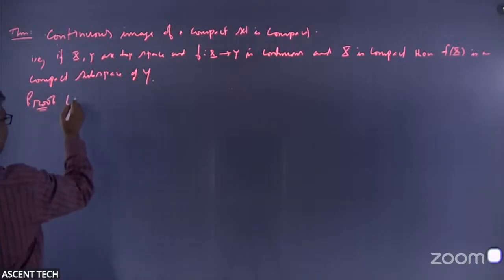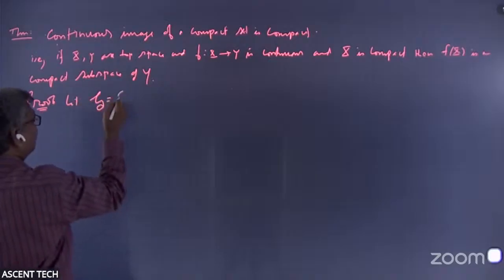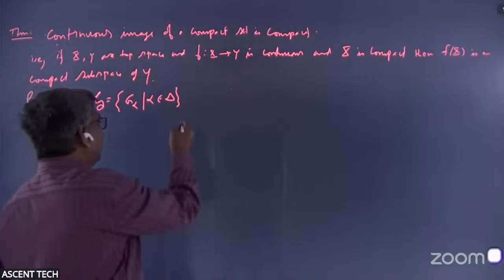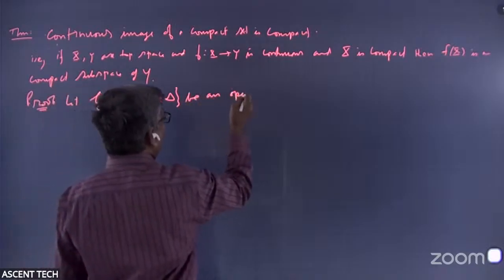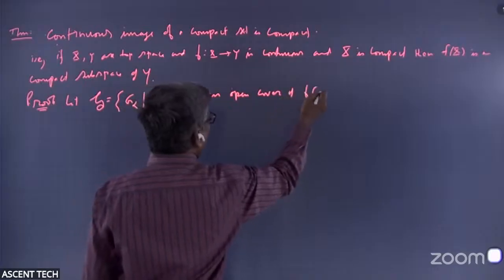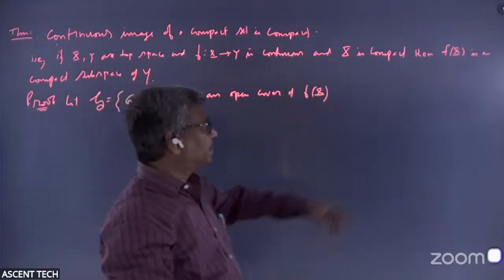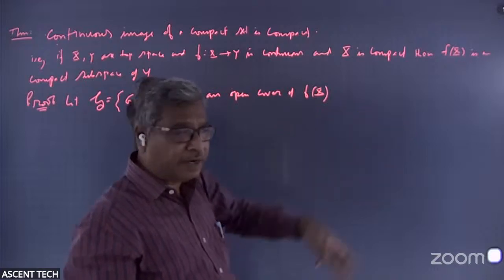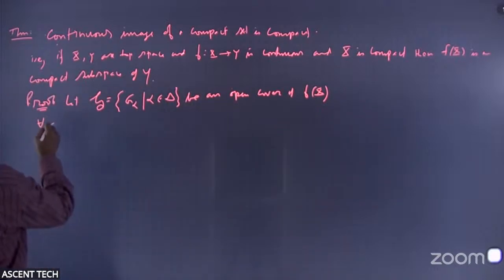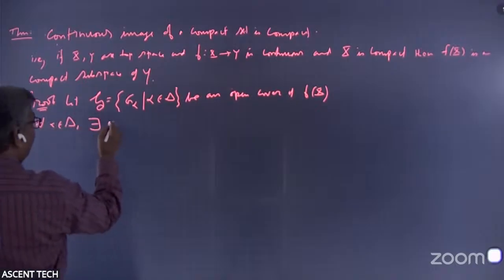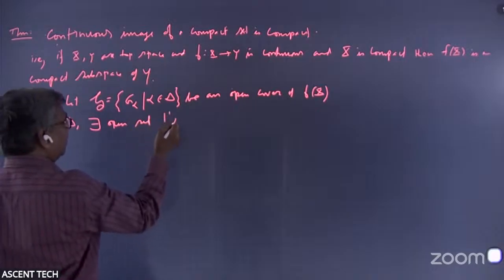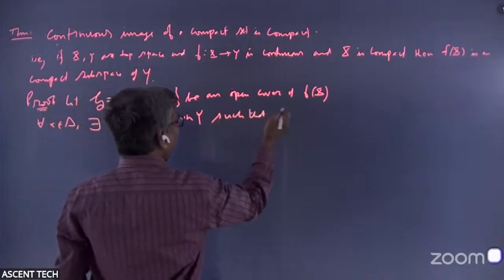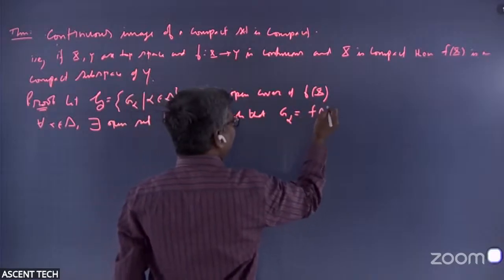Okay. Let G, consisting of some G alpha, alpha in delta, be an open cover of f of X. Actually, f of X is a subspace of Y. So these G alphas are actually f of X intersections with H alphas, where H alphas are open in Y. For each alpha in delta, there exists an open set H alpha in Y such that G alpha is f of X intersection H alpha.